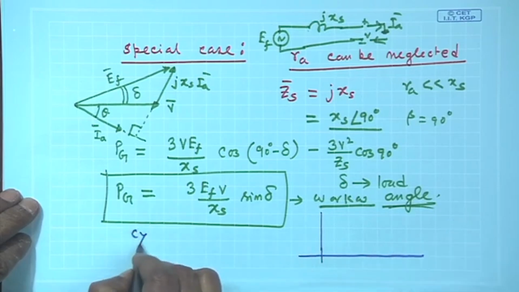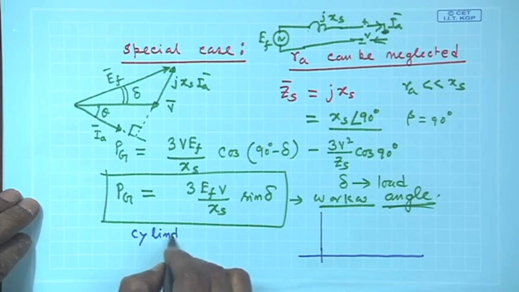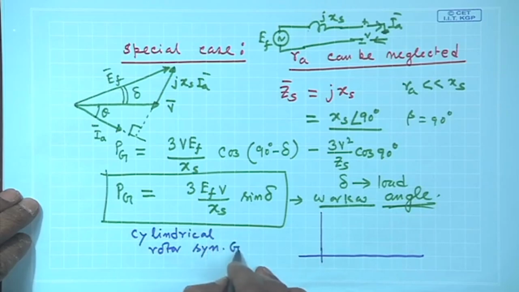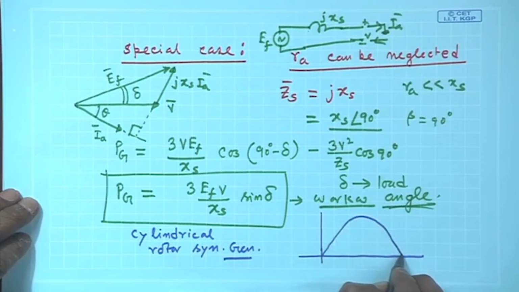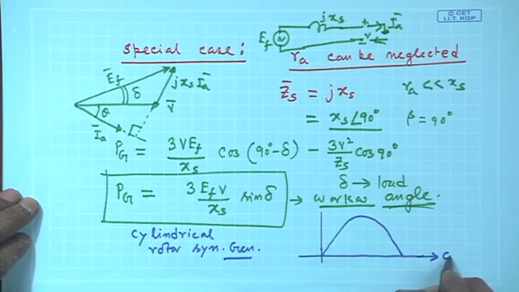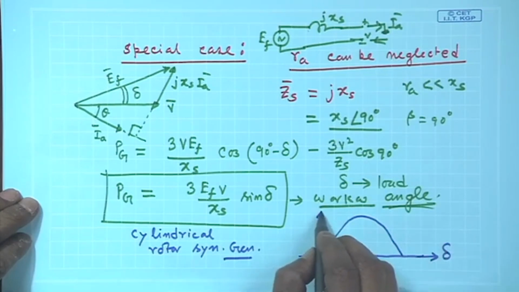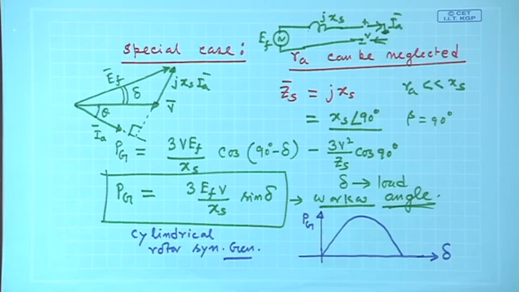These are all for a cylindrical rotor synchronous machine, a cylindrical rotor synchronous generator. It will be something like this, a sine curve. This is delta and this is the real power P g, okay.